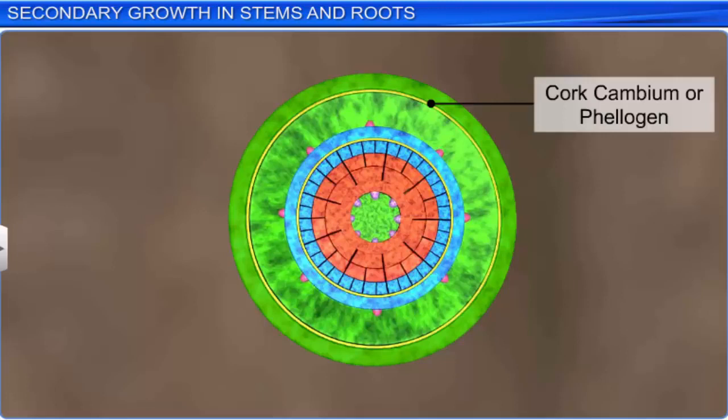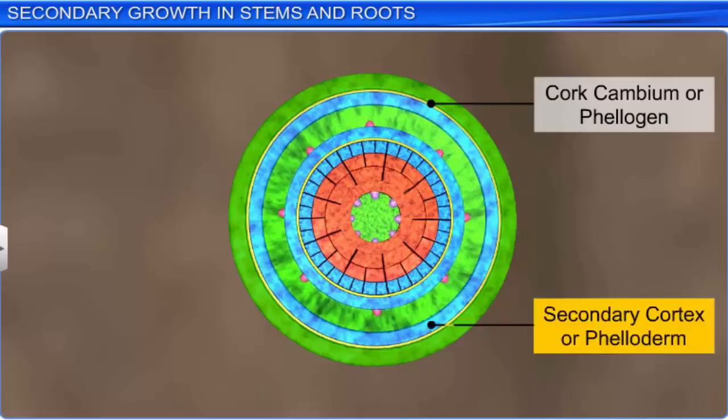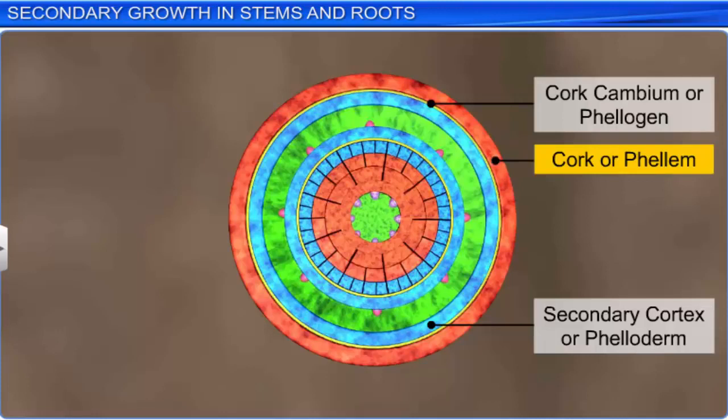As a result, the cells of the inner surface differentiate into the secondary cortex or phelloderm, while the cells of the outer surface differentiate into cork or phellum. Tissue resulting from secondary growth in the cortex, namely cork, phellogen and phelloderm, are collectively called periderm.